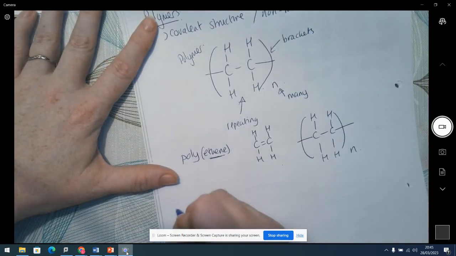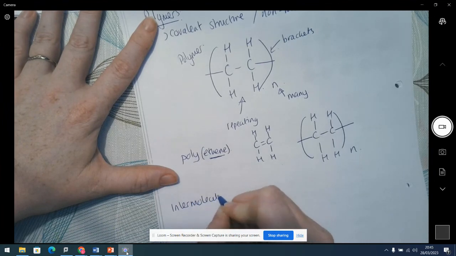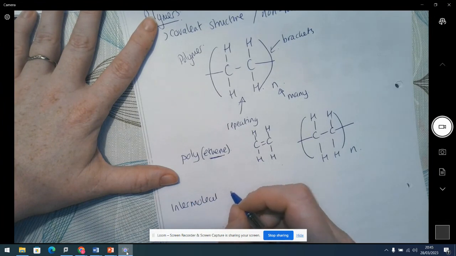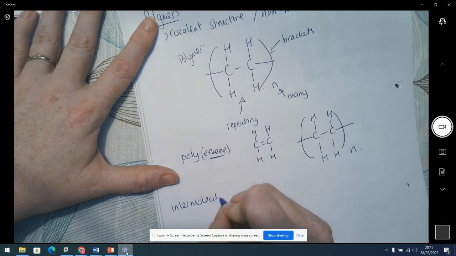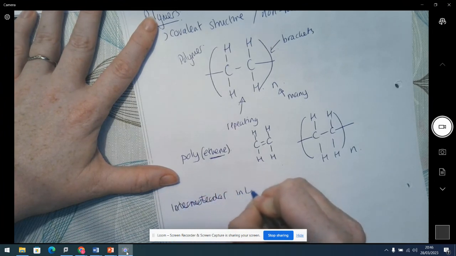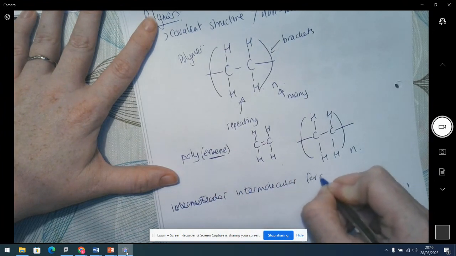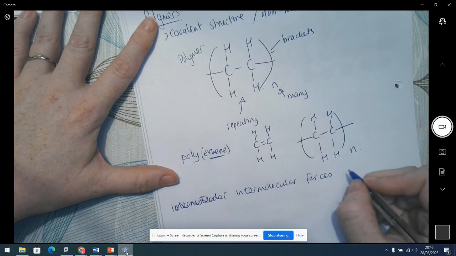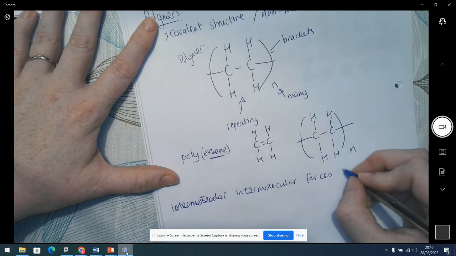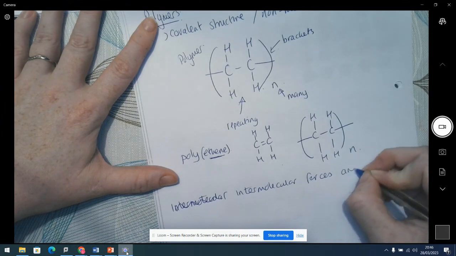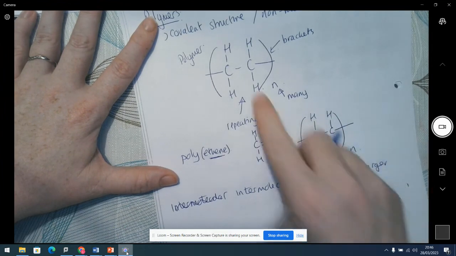The intermolecular forces, which we've talked about already, between the atoms is strong. Okay, so the intermolecular forces between the polymer molecules are large. They're larger than the simple covalent. So intermolecular forces are larger because the molecules are bigger.